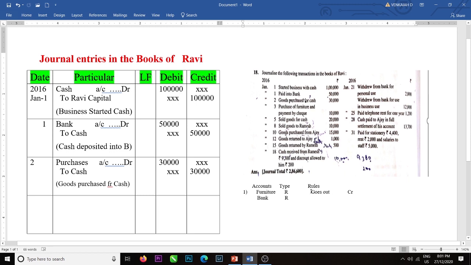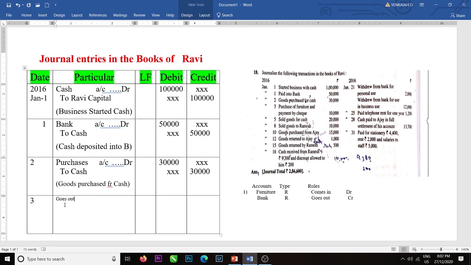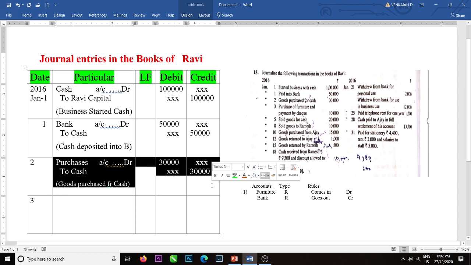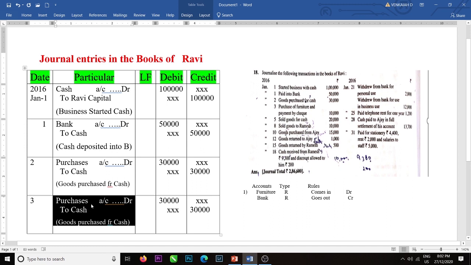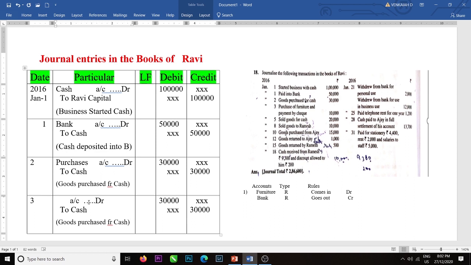Furniture will be debited. And I paid by check, so bank is going out. Which account to be debited as per this analysis? Furniture is debited and bank is credited. For me, it is a computer, but you have to write in your notebook. You can't do like me.